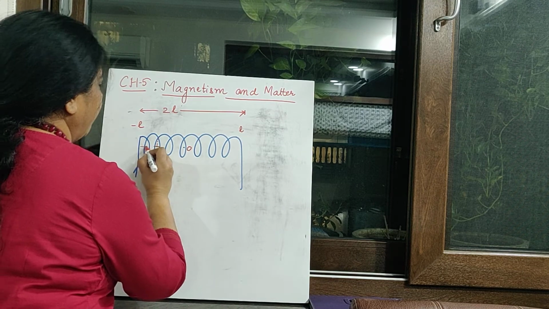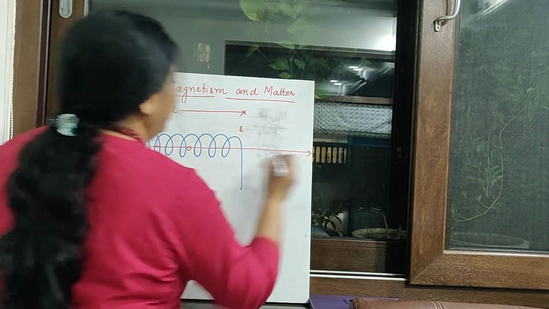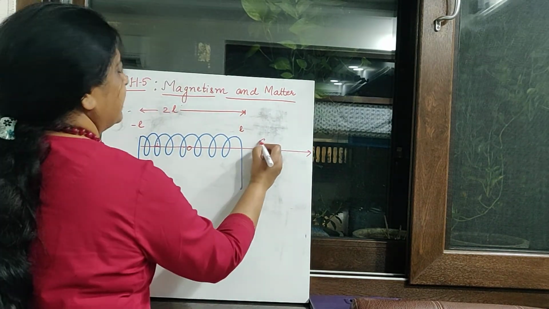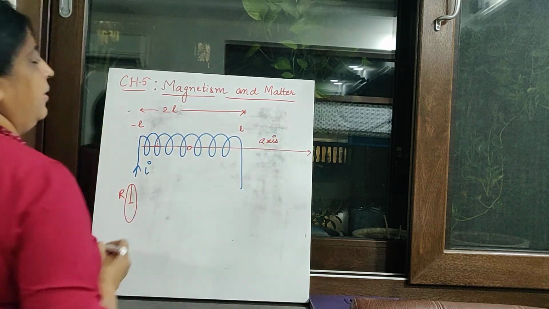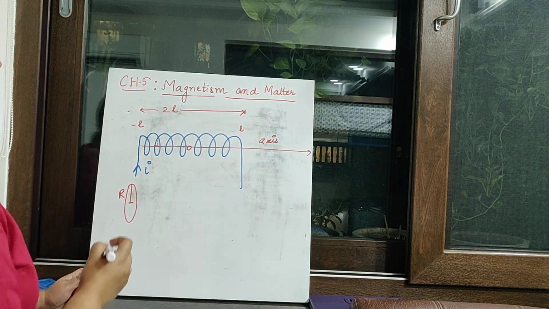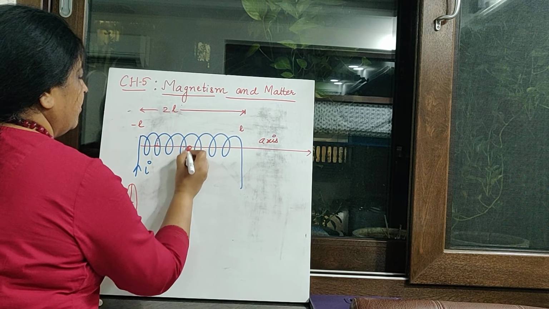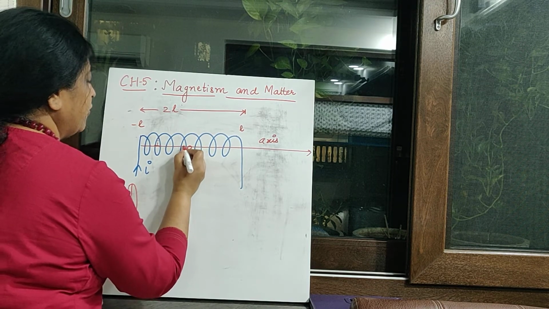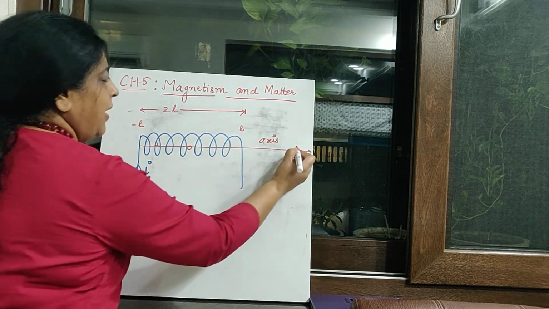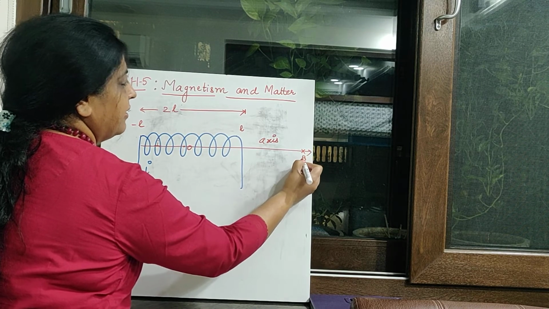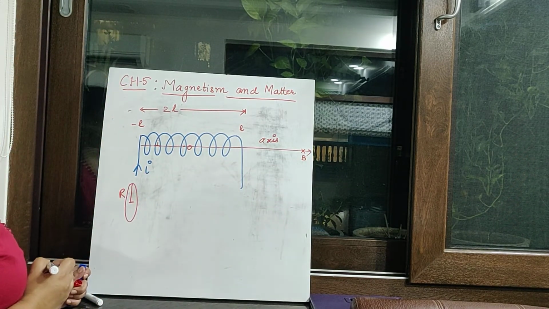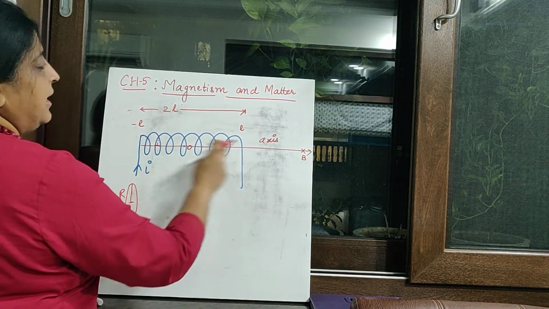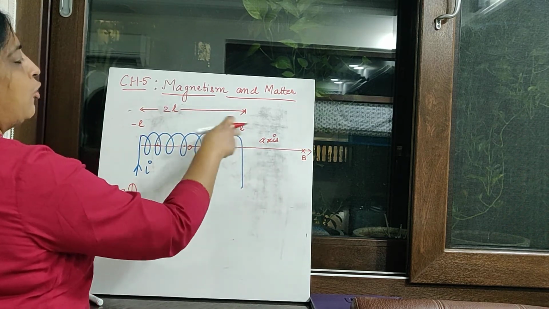Now you have this as the axis of the solenoid. So this is the axis. So this was the center. You want to find out what is the magnetic field at the point marked here. What is the magnetic field at this point due to the solenoid?